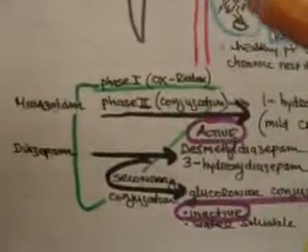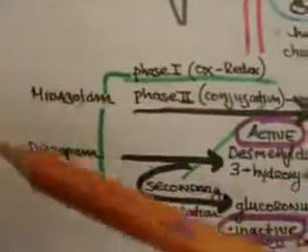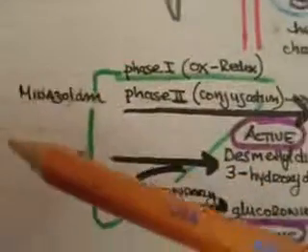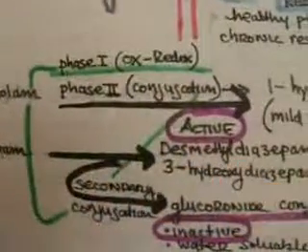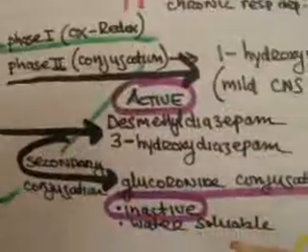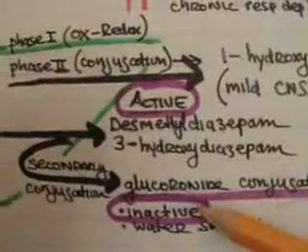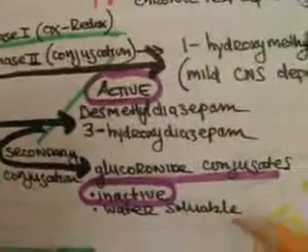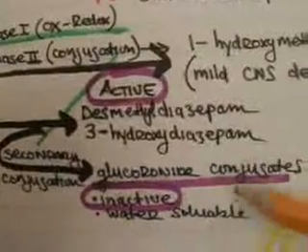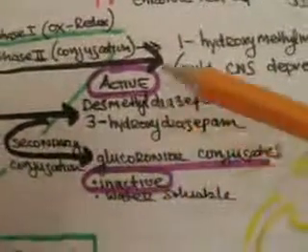Diazepam is a little bit different in the sense that the biotransformation of diazepam creates two active metabolites which still have CNS depressant effects. Therefore, it goes through a secondary conjugation phase which helps to inactivate the metabolite and create a water-soluble metabolite, which can be excreted through the kidneys via the urine.